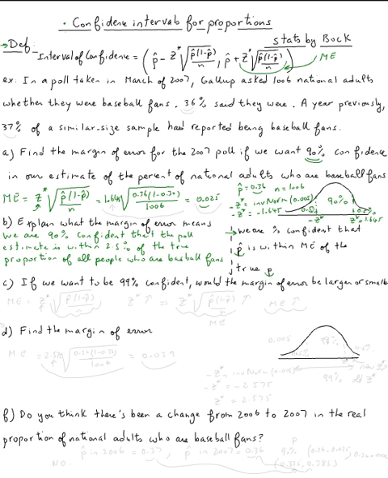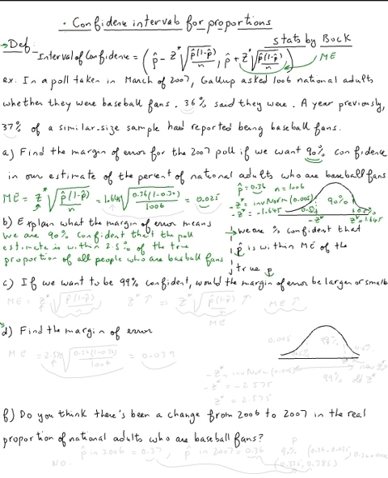All right, question C. If we want to be 99% confident, would the margin of error be larger or smaller? I mean, we can calculate it, but if you notice, in question D we have to calculate it anyway. But they want you to answer this question without calculating. So how do I do that?